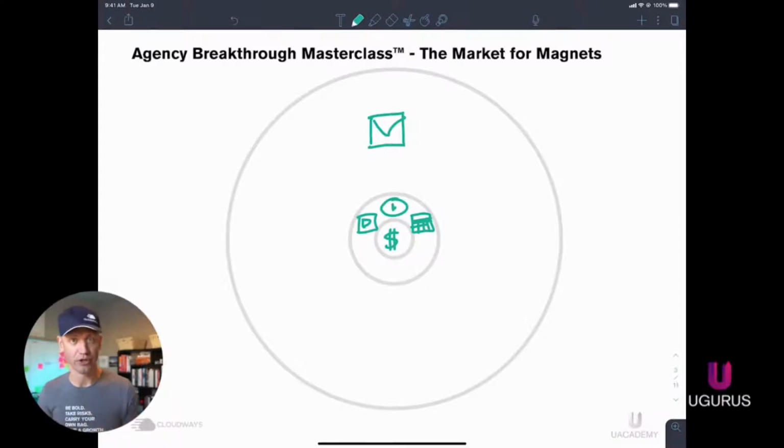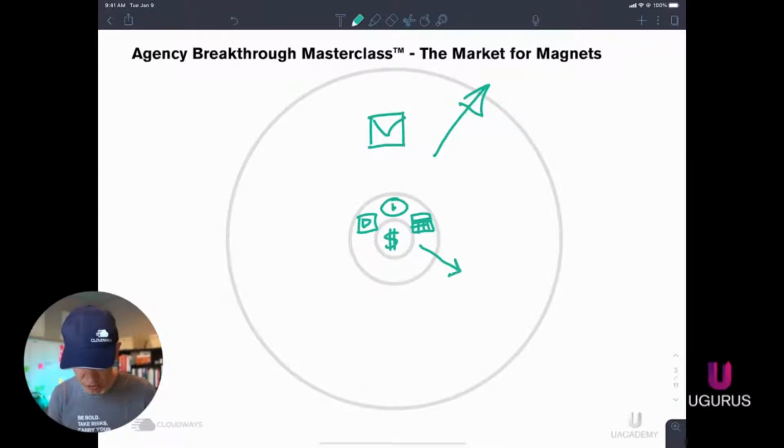We want you to capture that list, quantify it, and build it as an asset for your business. As you grow this circle of people whose contact information you have, you'll grow the list of people willing to give you their time, and ultimately the list of people willing to give you money.